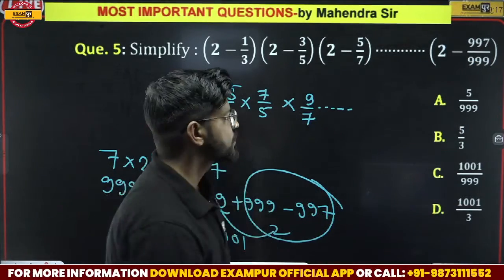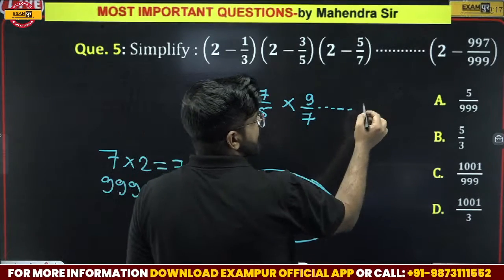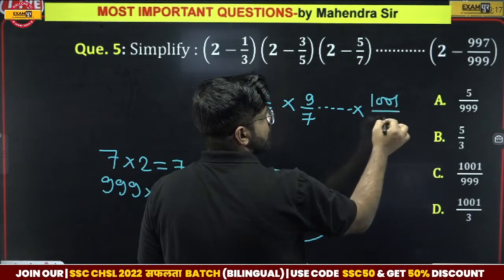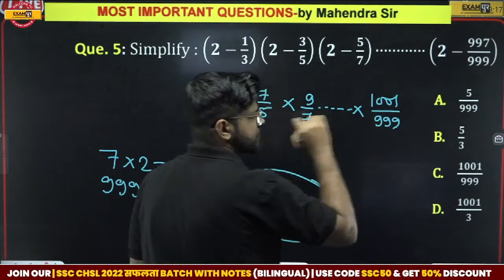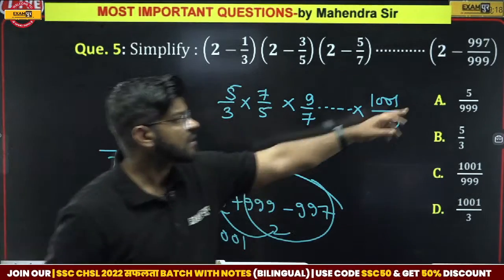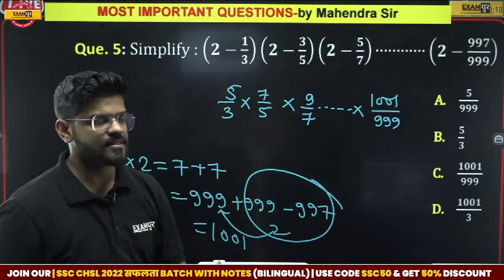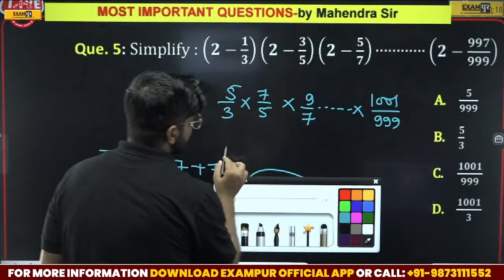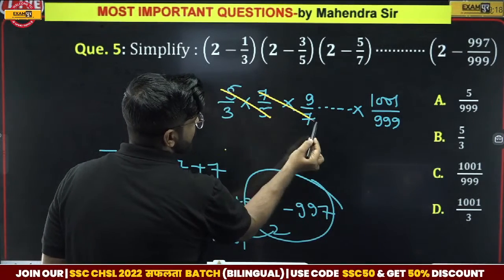Okay, clear? So what we will get here? Here we will get 1001 by 999. When we get double minus this, you will get this. So what is going on here? How can you identify the series? You know these terms get cancelled out.